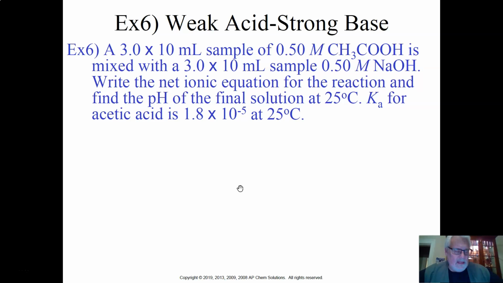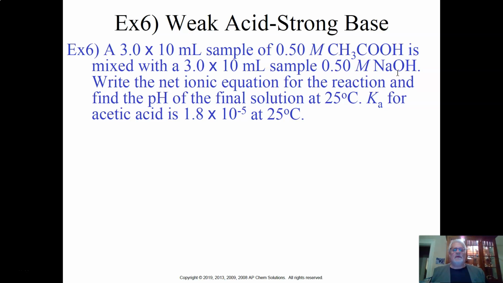and the thing that you will notice about this example, and this really changes the game, is that you have 300 milliliters of a 0.5 molar and 300 milliliters of a 0.5 molar. So now everything's even. There's going to be no excess bullies. There's going to be no excess weak acids.